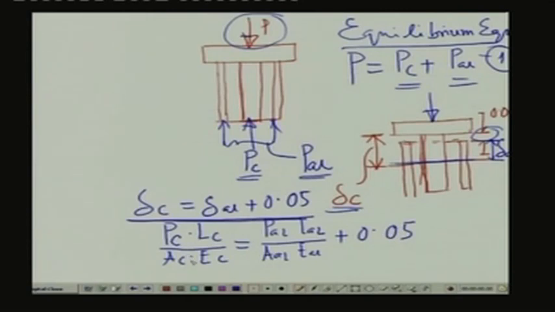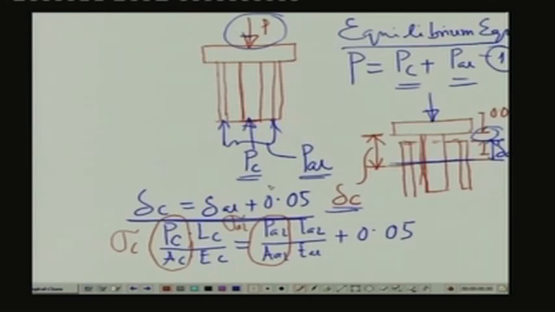Now, in this particular case, since the values of limiting stresses are given, let us compute the values in terms of stresses. As we know, P divided by the cross-sectional area is the stress. So, this particular part P_C by A_C we can write as sigma C, the normal stress in the copper rod, and P_Al by A_Al we can write as sigma aluminum, which is the normal stress in the aluminum sleeve.